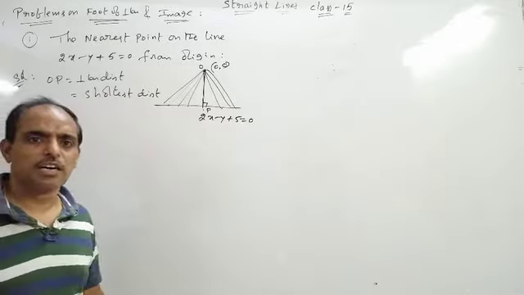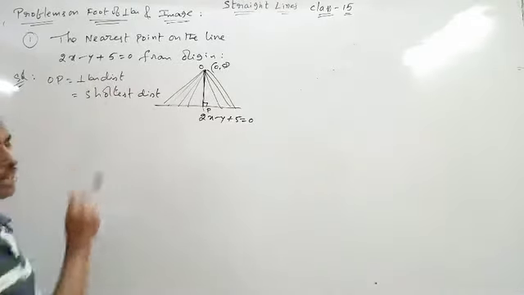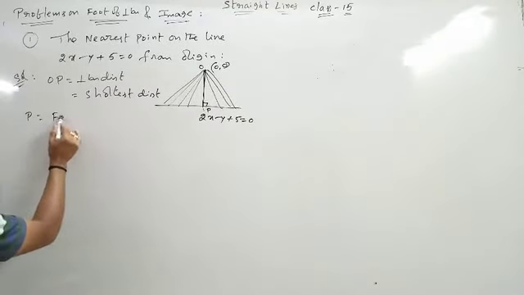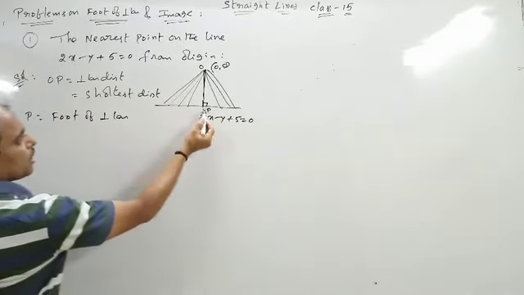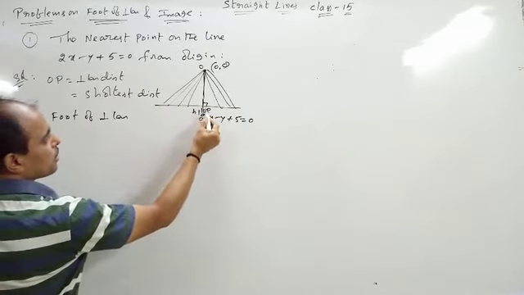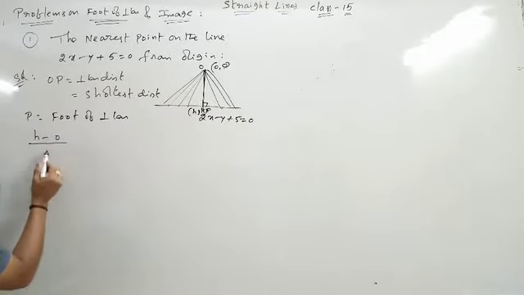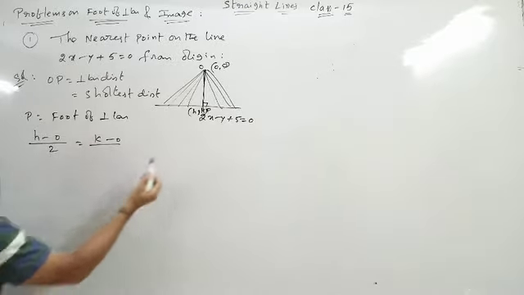So they can't ask like directly find the foot of perpendicular in another way. So now P is equal to foot of perpendicular. What is the formula? Let us suppose this is h comma k, and how to find foot of perpendicular? h minus x1 by a is equal to k minus y1 by b is equal to minus of (ax1 plus by1 plus c) by (a square plus b square).